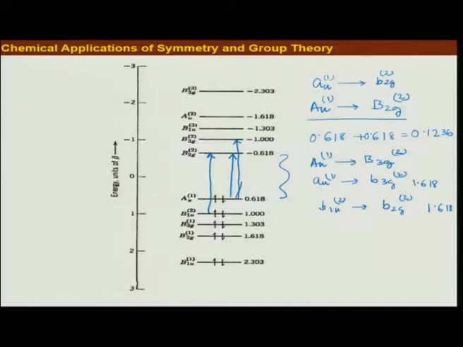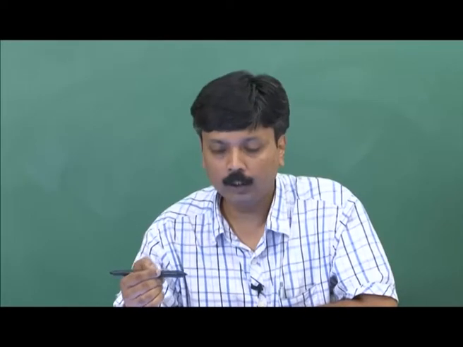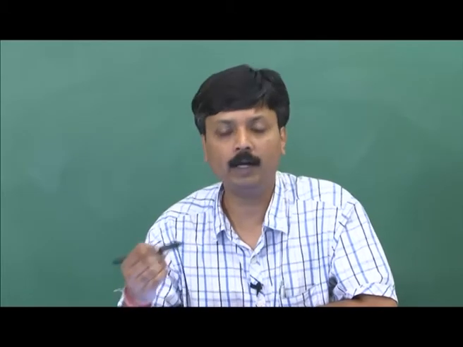So both of them have almost similar energy. Now I want to know whether these three lowest order transitions are allowed or not, and if they are allowed, in which polarization. So that we need to find out.